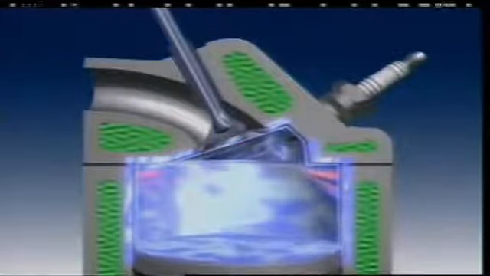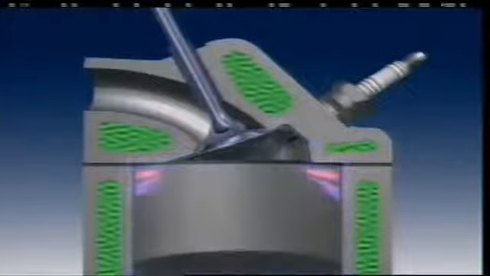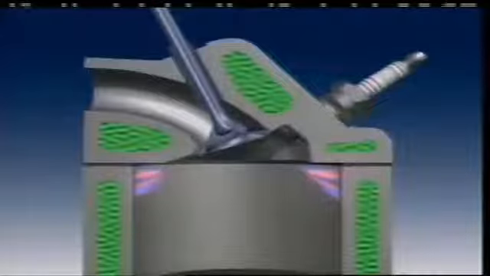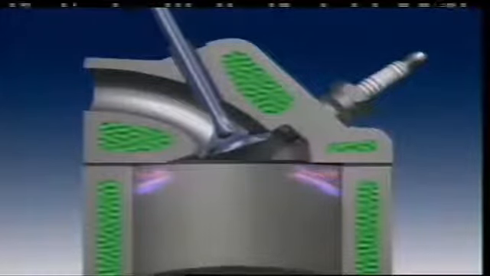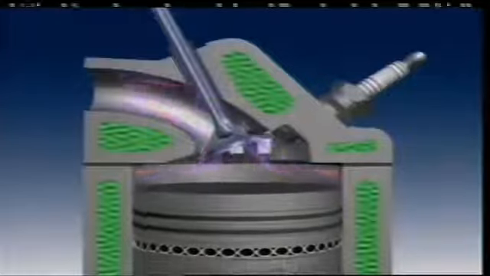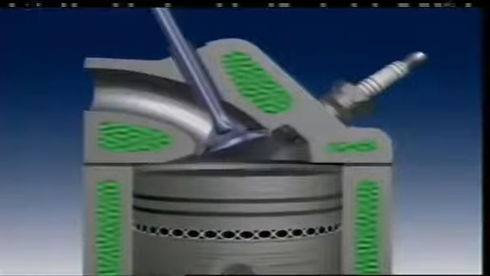The flame temperature drops so low in these areas that the flame goes out or is quenched. Fuel left unburned in these zones is then exhausted as hydrocarbon and carbon monoxide emissions. If the spark plug is positioned so that the flame front travels evenly through the combustion chamber, combustion is more complete.